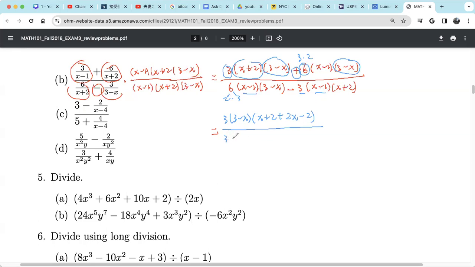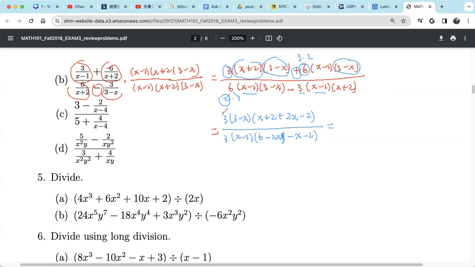So we factor out 3 times x minus 1. Then we have 2 times 3 minus x left: 2 times 3, 6, 2 times negative x, negative 2x. Oops, no parentheses yet. Minus x plus 2, right? So that's minus x minus 2.